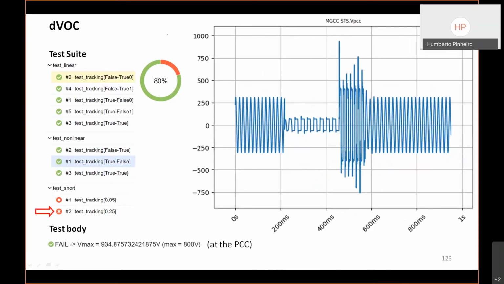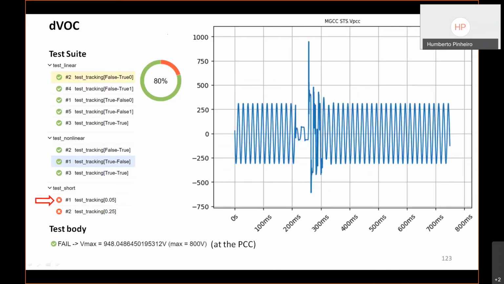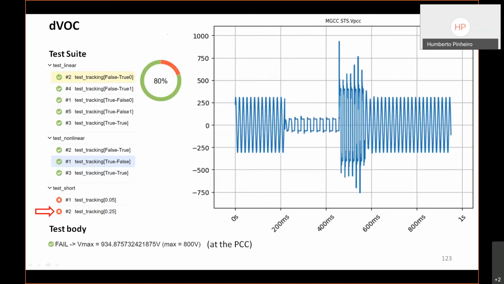This is for a 50 millisecond short circuit. This is for a 200 millisecond short circuit. So we see that the DVOC took a little bit longer, but it recovered to the nominal frequency eventually, right? So the problem is the power quality issues associated with this interval that is not in steady state.